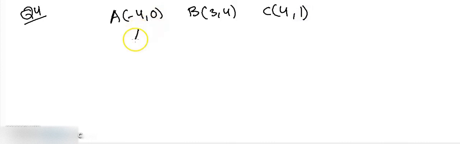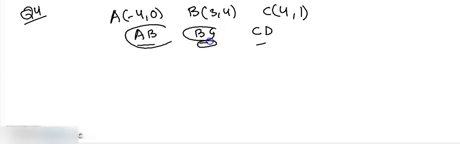First it says calculate AB, then BC, and then CA using the distance between 2 points formula. And then it says show that it is an isosceles triangle. So just calculate these sides and show that 2 of the sides, either AB and BC, or BC and CA, or CA and AB, are going to be equal.